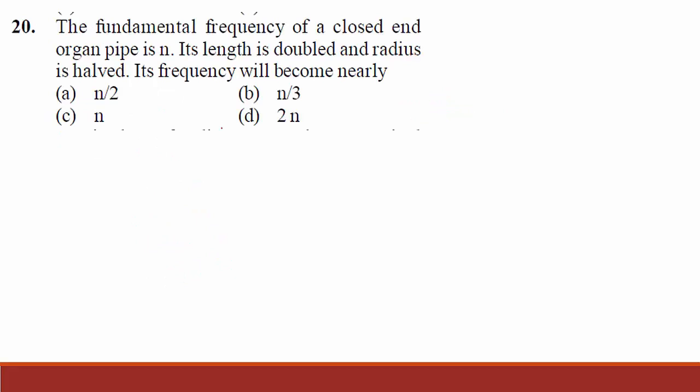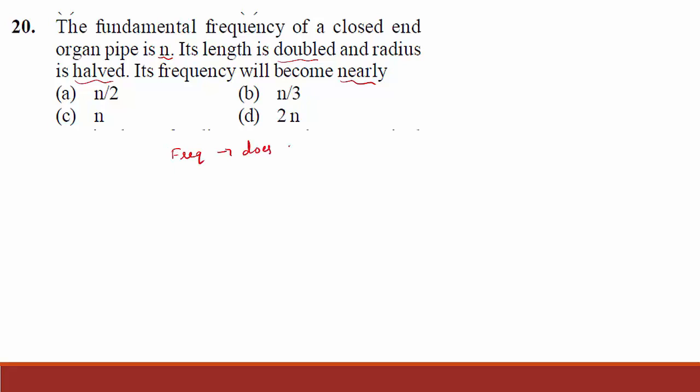The fundamental frequency of a closed end organ pipe is N. Its length is doubled and radius is halved. Its frequency will become nearly? Remember, frequency does not depend on radius.